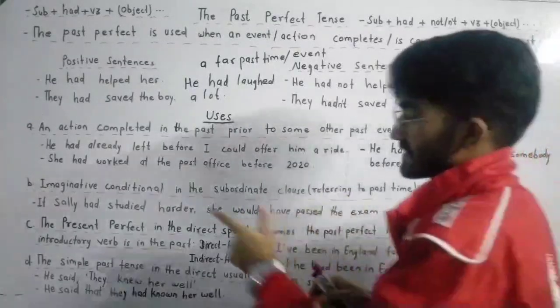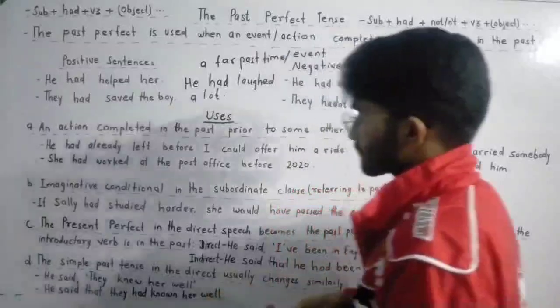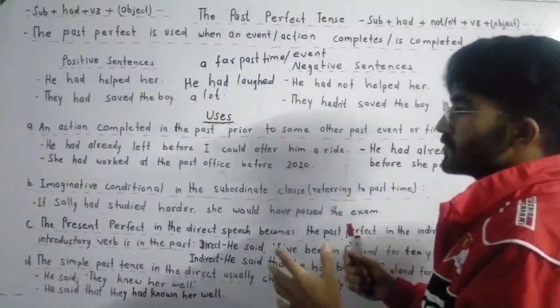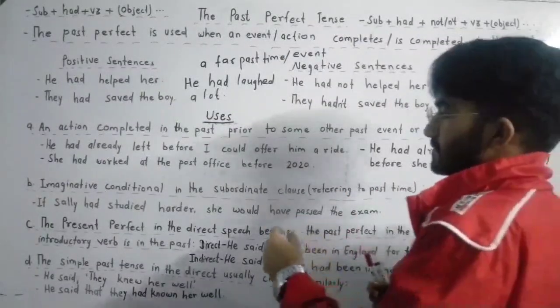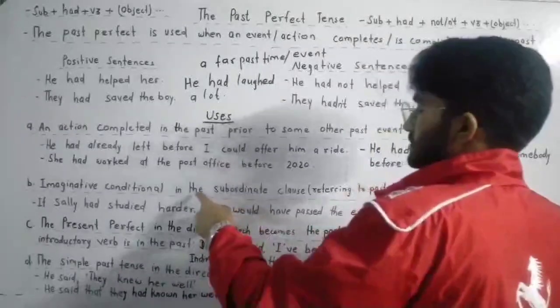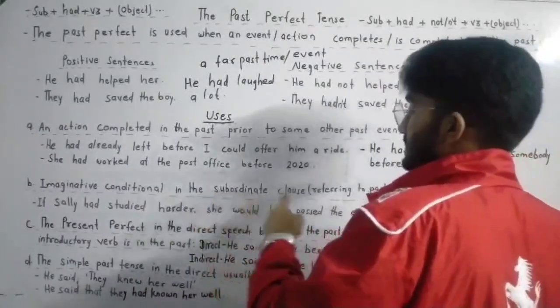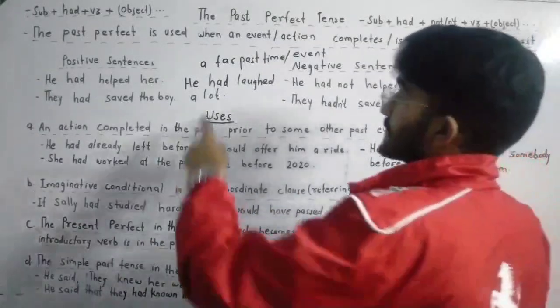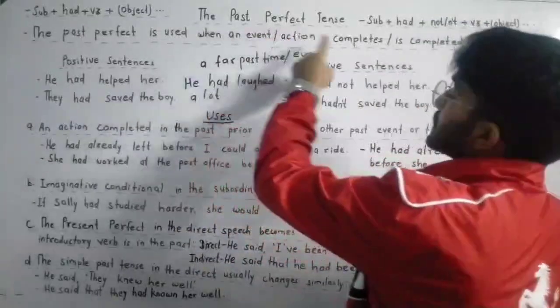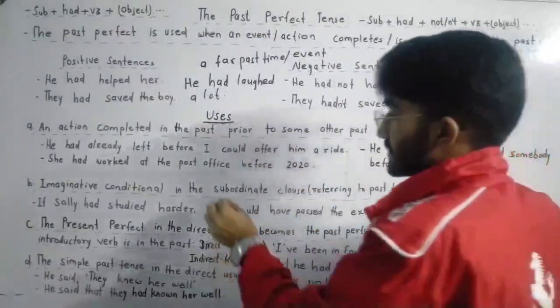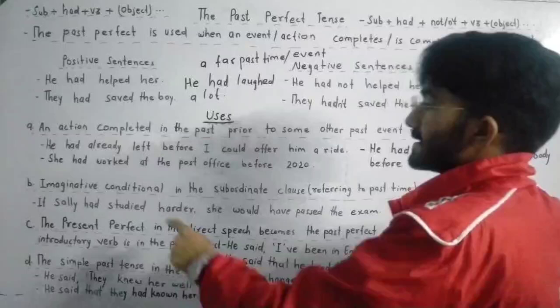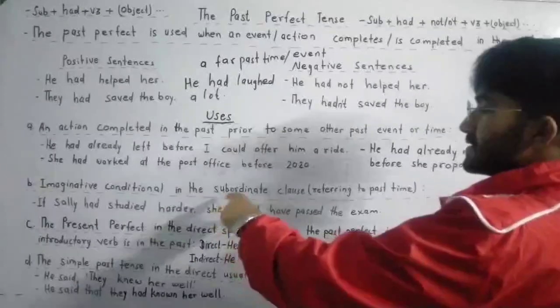Let's understand through this example. Why did I just say subordinate clause or dependent clause? Because we can use the past perfect tense in this situation. The situation is the imaginative conditional in the subordinate clause.